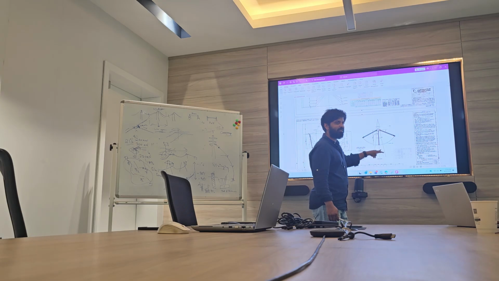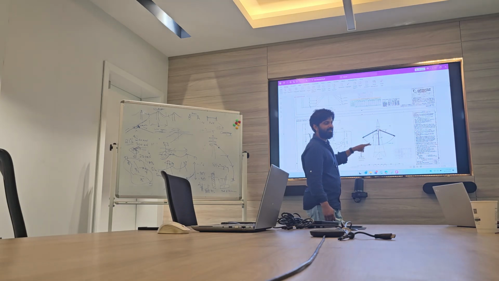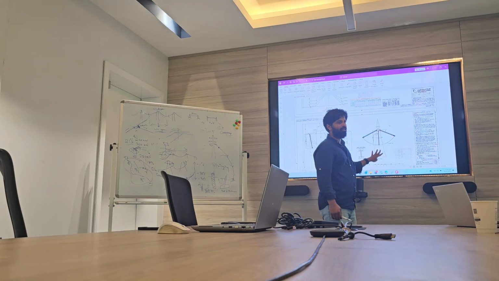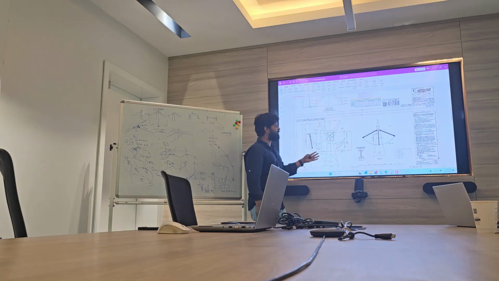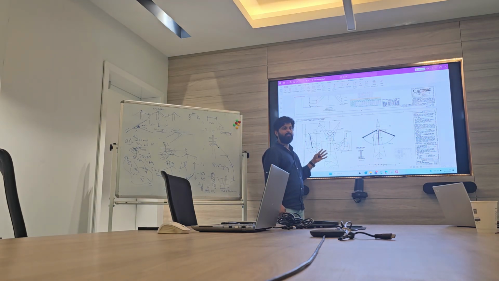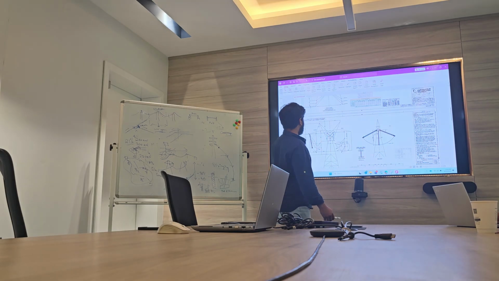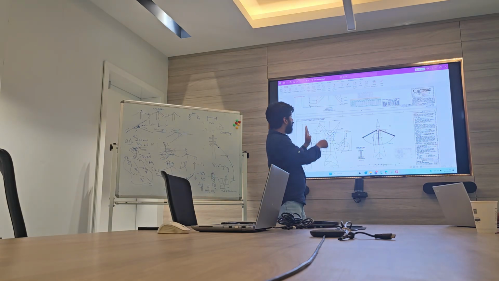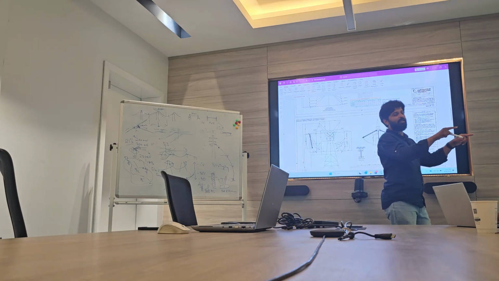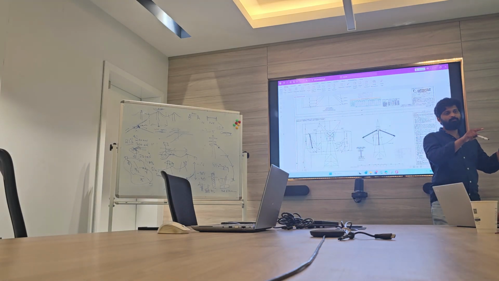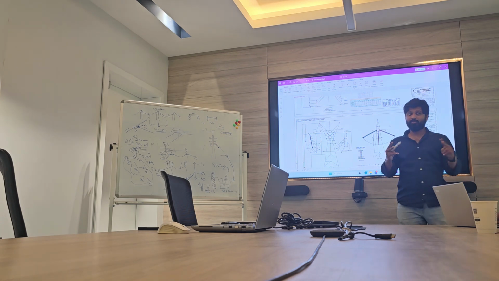This is not the transverse face. The side view is the longitudinal face. This is the transverse face, the front view of the tower. It means the wind will hit the conductor like this. The longitudinal face is here, which means the wind will go along with the conductor. Don't confuse between the two.